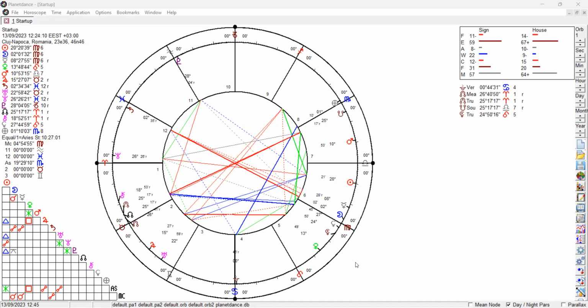So the moon is one of the most personal energies, and the sun, our ego, what we express, what we think about ourselves, what we do with ourselves, how we use our personal image, etc., etc. So the sun and the moon are the king and queen of the sky. So those influence the most.